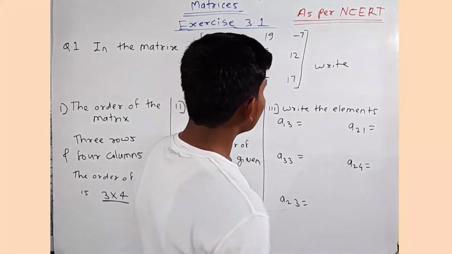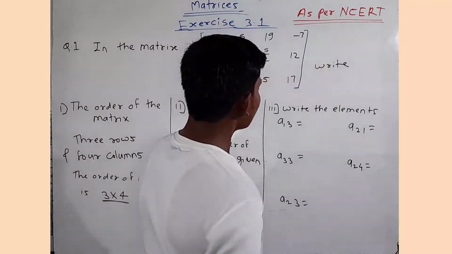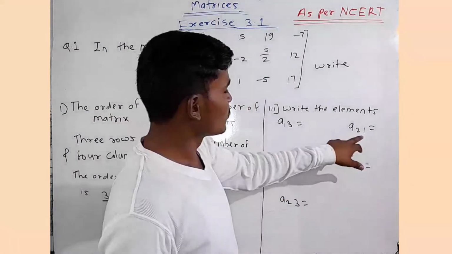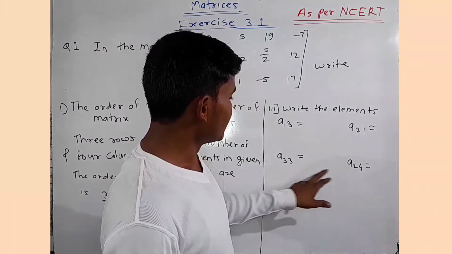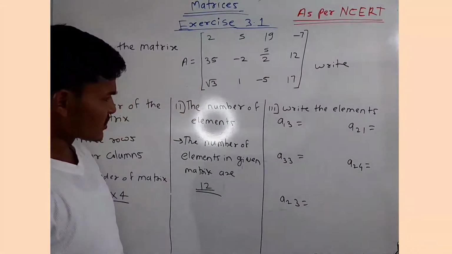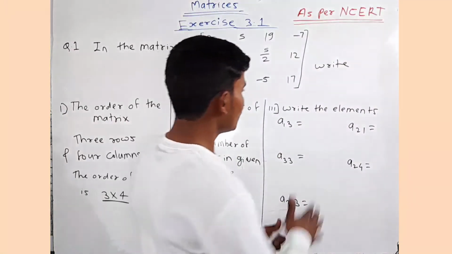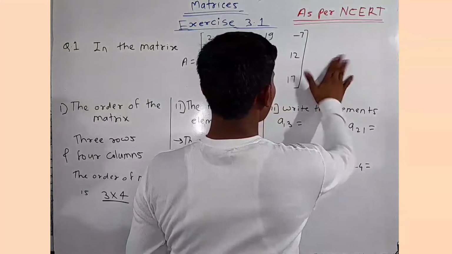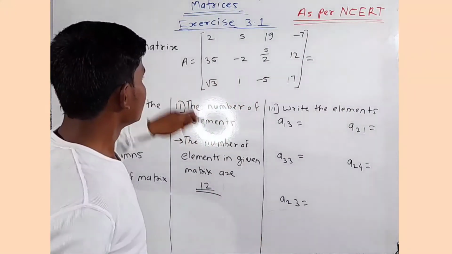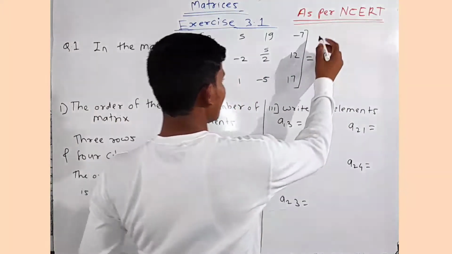Now the third one, write the elements A13, A21, A33, A24, A23. In this question we have to compare this matrix with the general matrix.